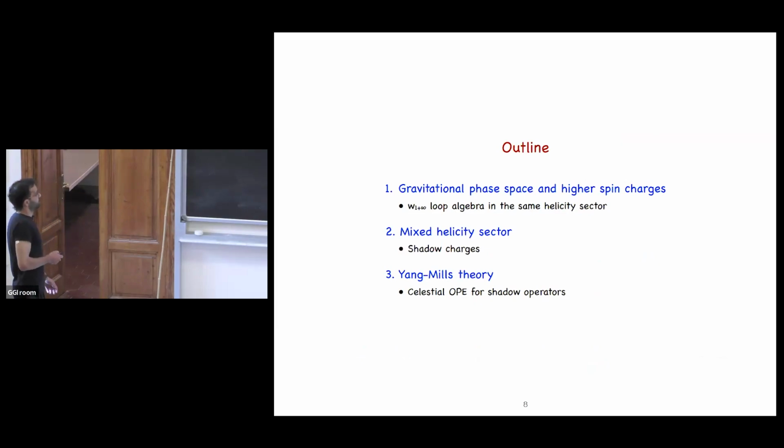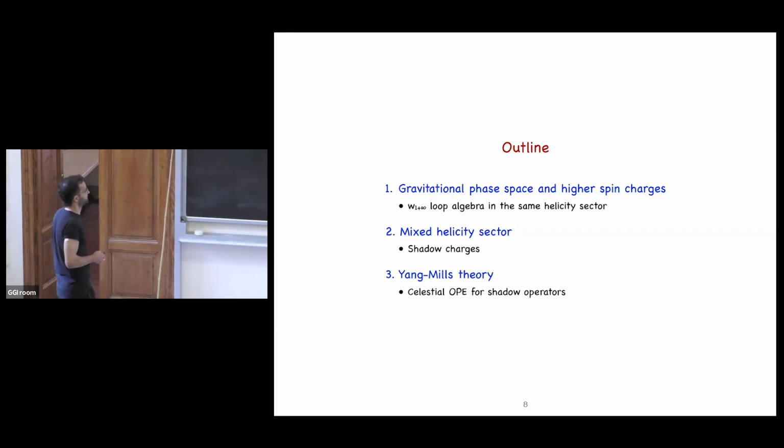Okay, so the outline of the rest of the talk is I'm going to review how to construct these higher spin charges somehow quickly, and I will show you the construction in the same helicity sector, and then I will move to the mixed helicity sector, and we will see how shadow charges appear.